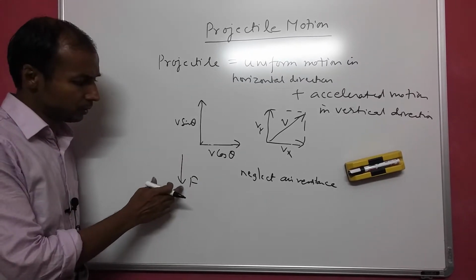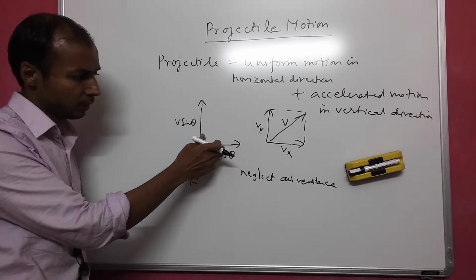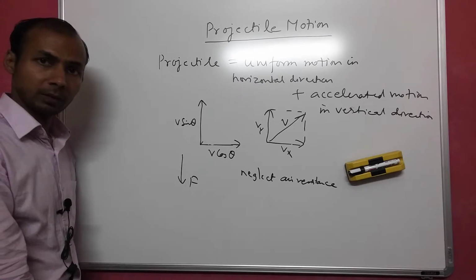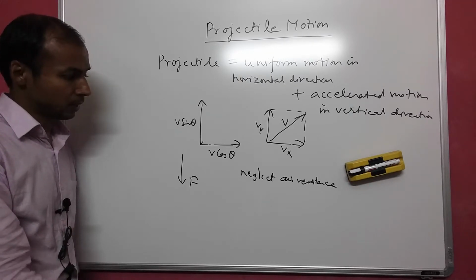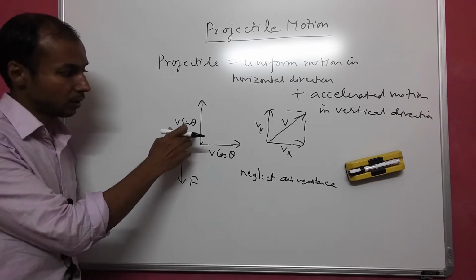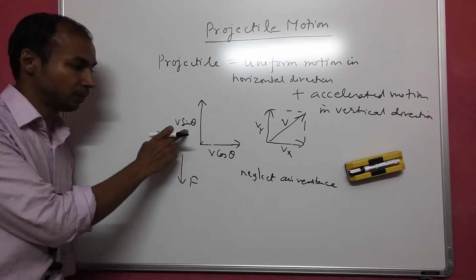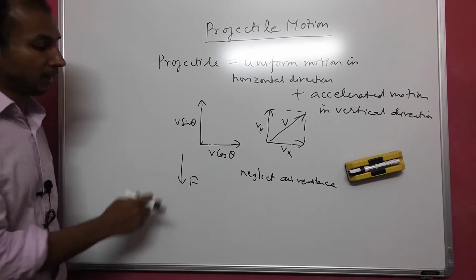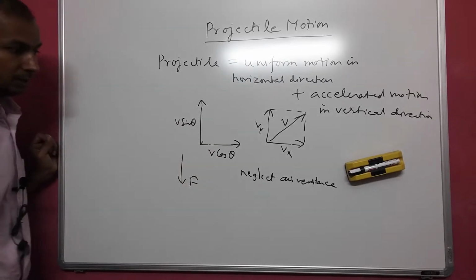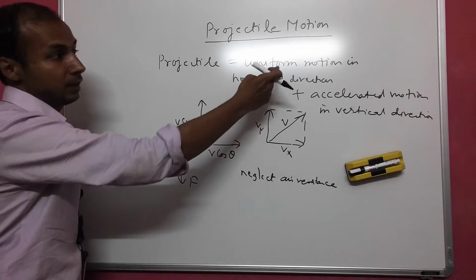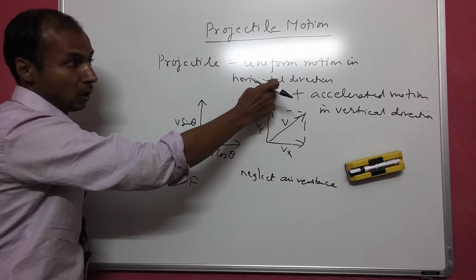What will this force do? This cannot change horizontal velocity because this is a vertical force. It will change vertical velocity. Correct? So this force will cause first deceleration and then acceleration in the vertical velocity, and it will not change the horizontal velocity. Since this velocity remains constant, that's why I have said it's uniform motion in horizontal direction.